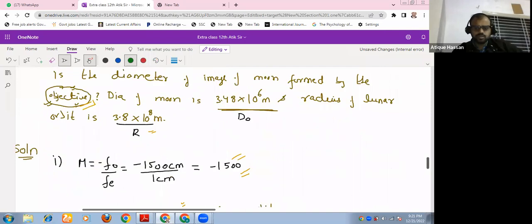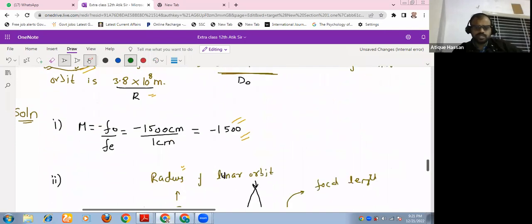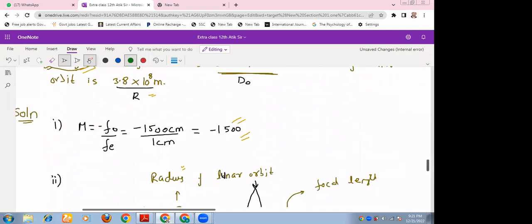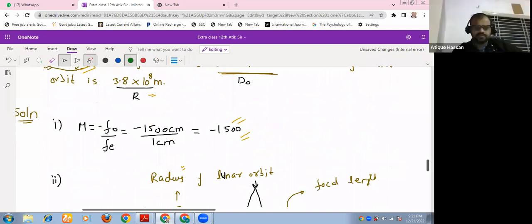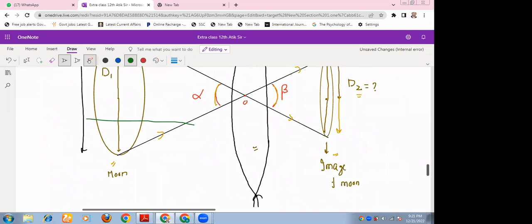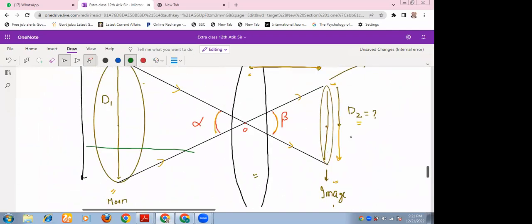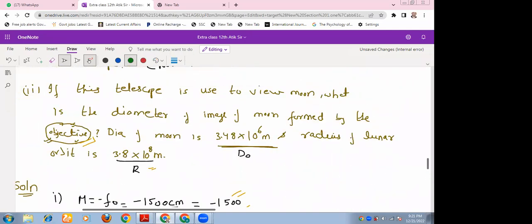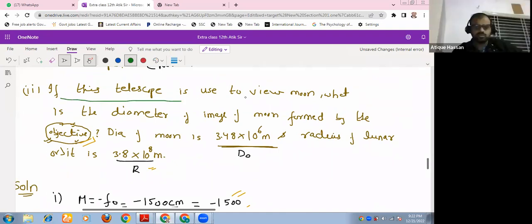Okay, moving ahead. Sir, can you show the second part of the question? We have the reflecting type, second part. Yeah, how to do that? The second part says, if this telescope is used to view the moon, what is the diameter of the image of the moon formed by the objective?